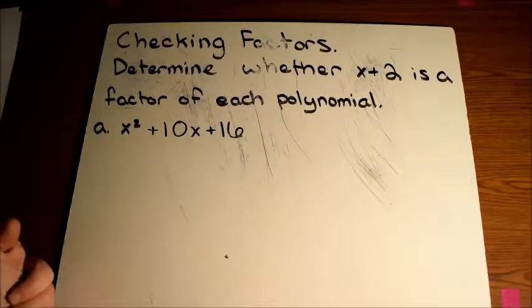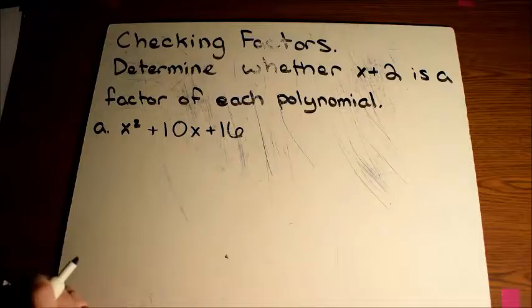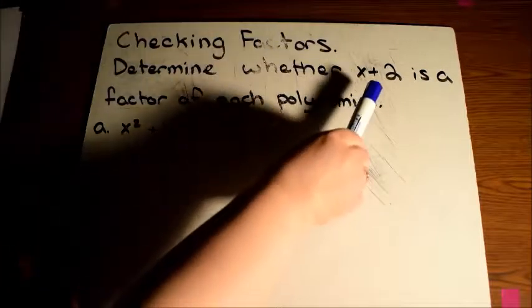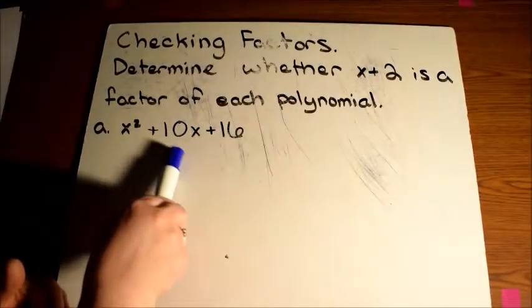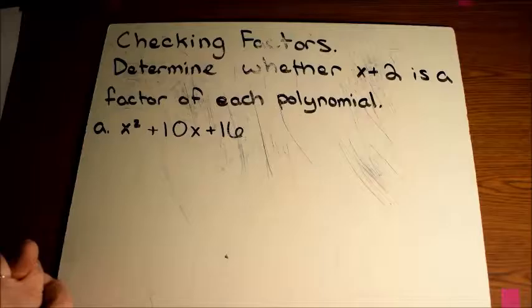Okay, we just figured out how to divide using long division. So let's figure out how to check a factor. So we have a linear expression and we want to know, is this a factor of this polynomial? So will this go evenly into here? So we're just going to use long division, the thing that we just did.